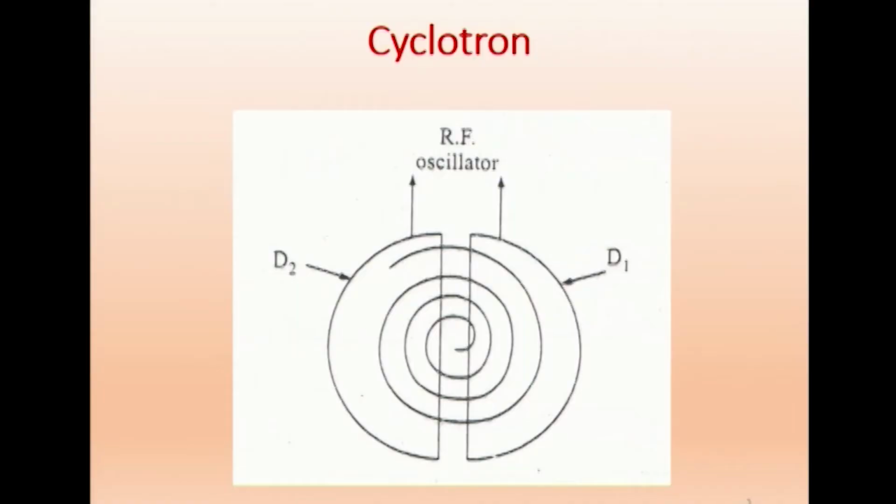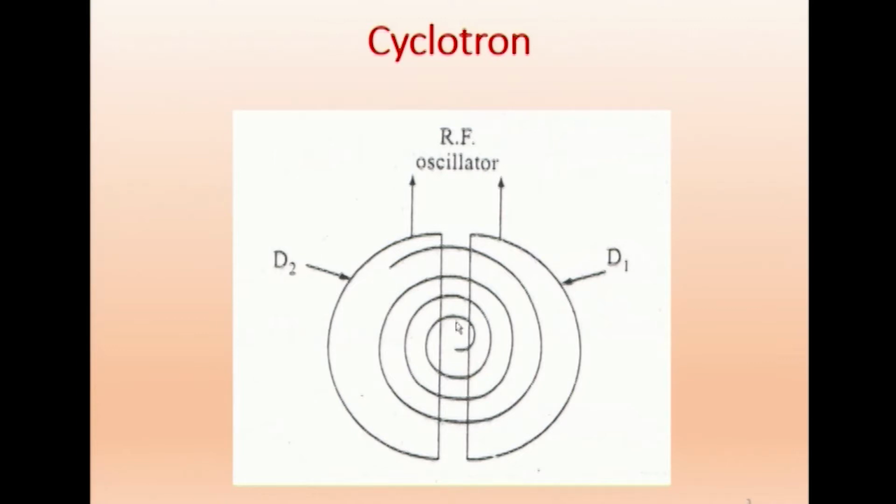Now imagine at the center we have some particle, let us assume a positively charged particle. This particle will be attracted towards D1 when D1 is negative, then attracted towards D2 when D2 is negative, and again towards D1 when D1 is negative. So it goes on.